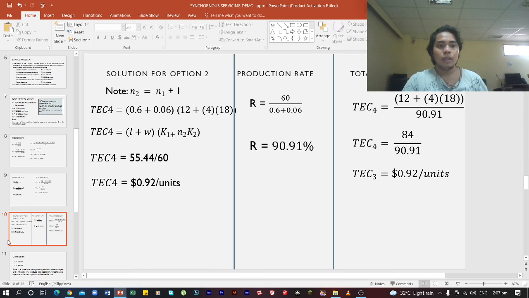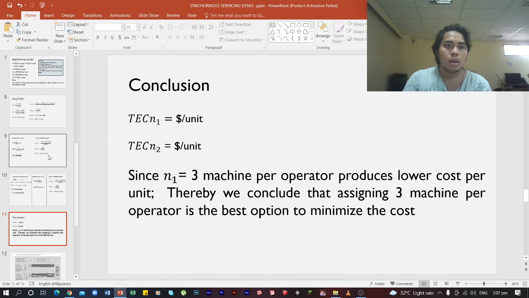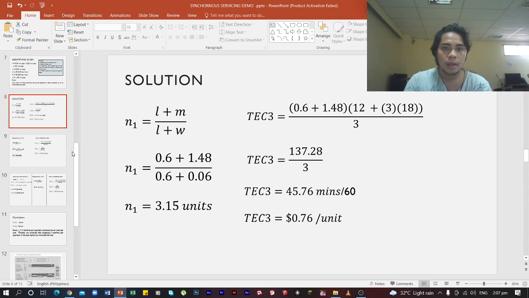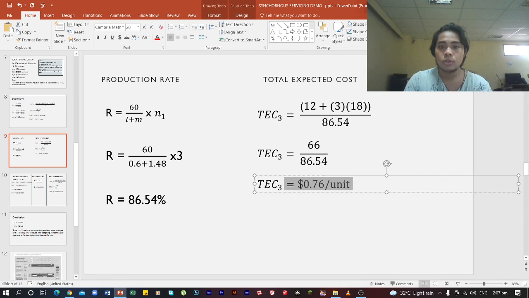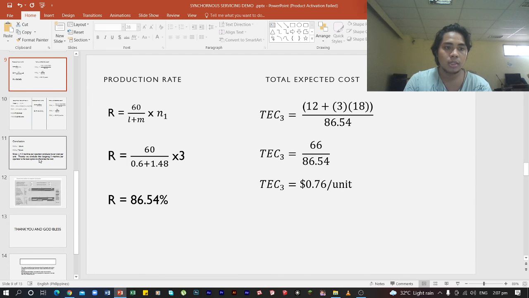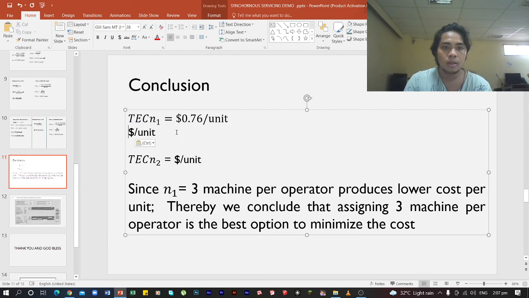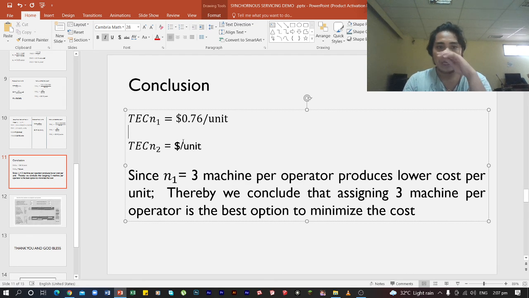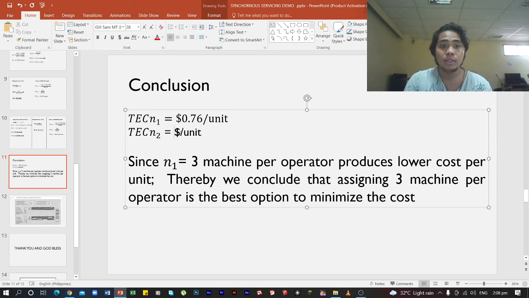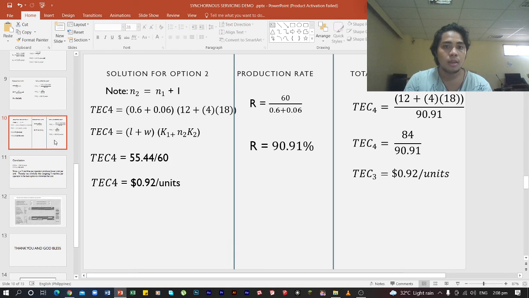So in conclusion, our TEC with N sub 1, which is the first option, having 3 machines in one operator, is 0.76 dollar per unit, and the TEC4 in option 2, where we have 4 machines assigned to one operator, is $0.92 per unit.